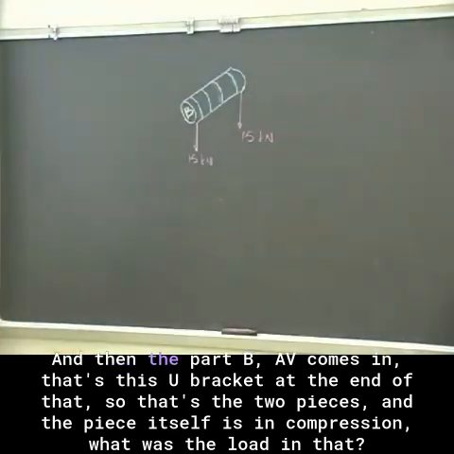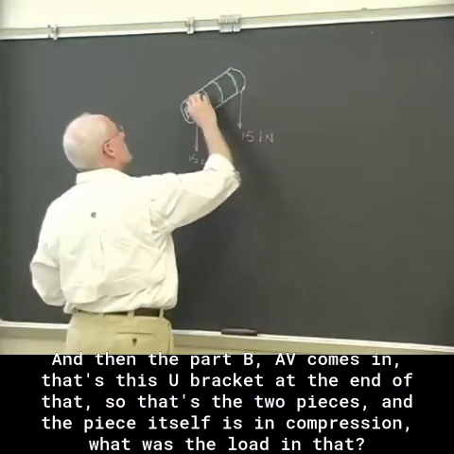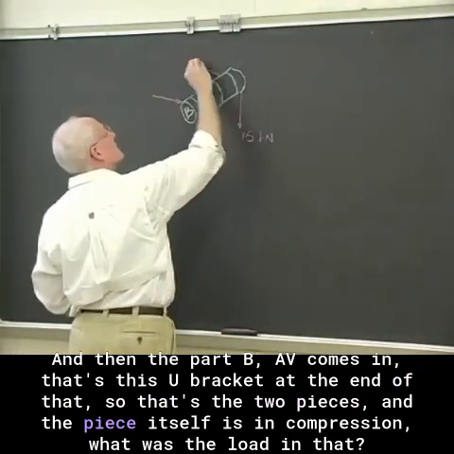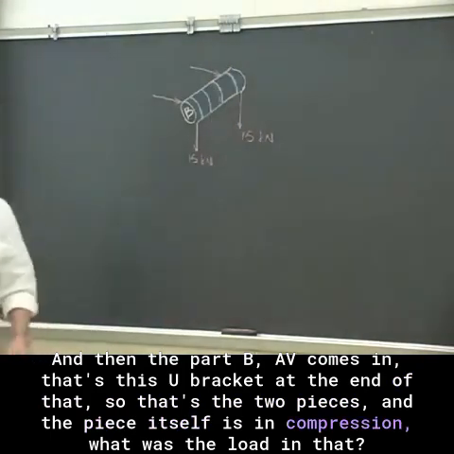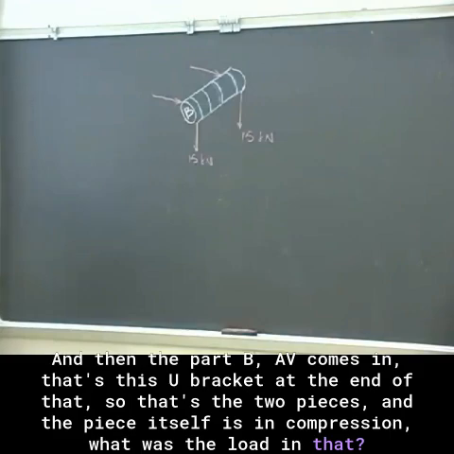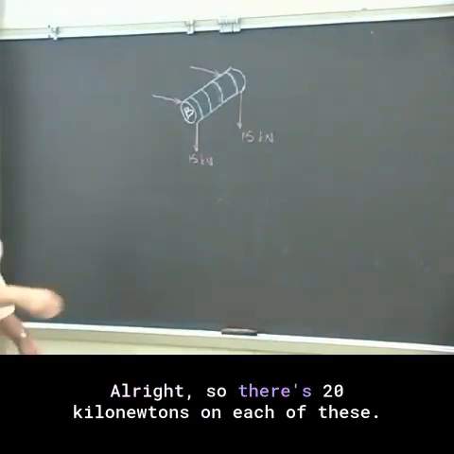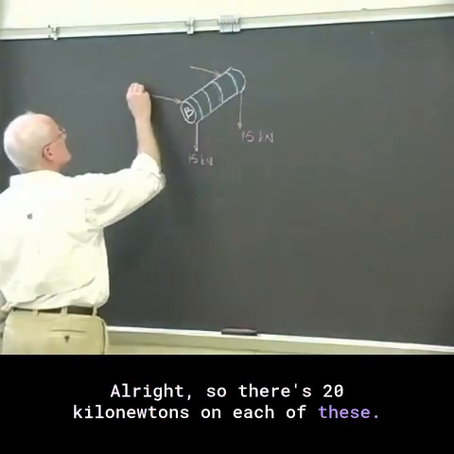And then the part B, AB comes in, that's this U bracket at the end of that, so that's the 2 pieces, and the piece itself is in compression. What was the load in that? 40 kilonewtons, right? So there's 20 kilonewtons on each of these.